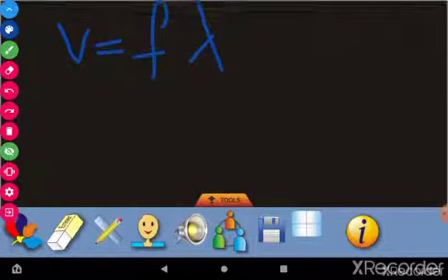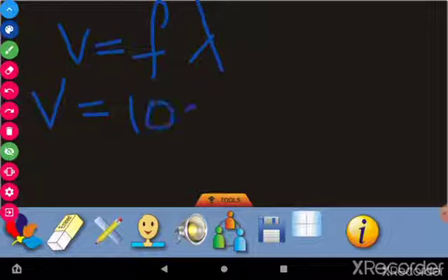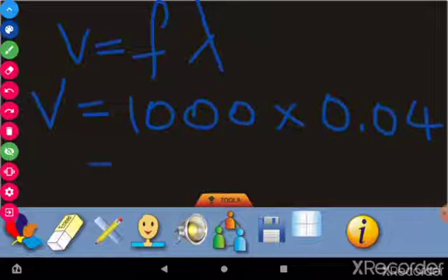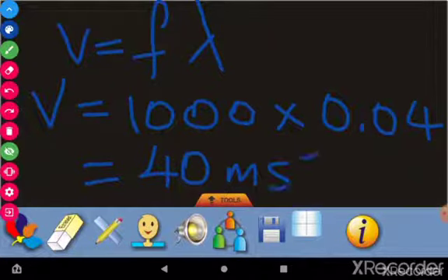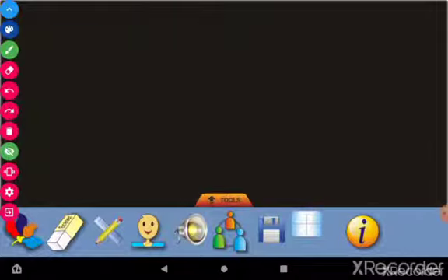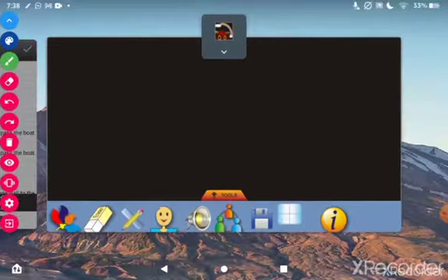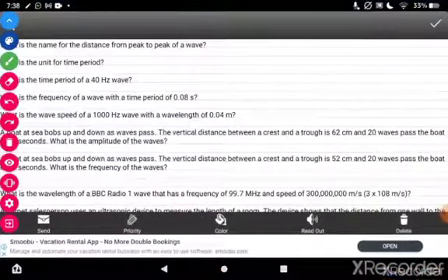This means that the speed of the wave is equal to its frequency multiplied by its wavelength. So let's go. 1000 times 0.04 should give us what? 40. So this wave is traveling 40 meters per second. The questions get more interesting as we go down.